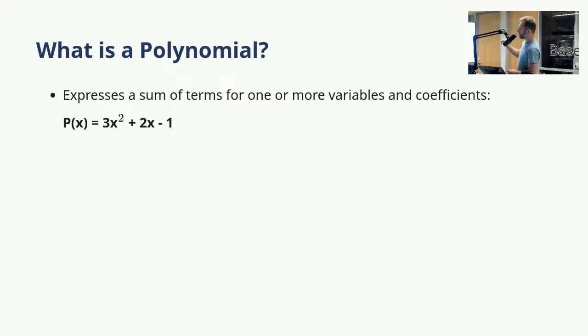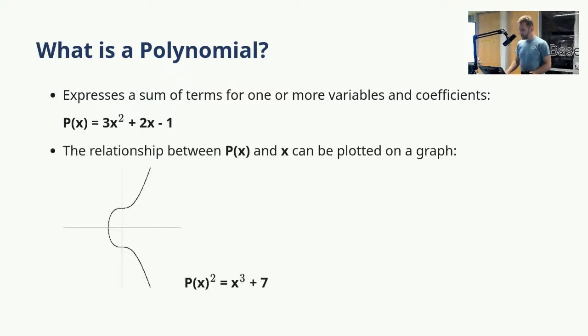We have some real numbers in there. Those numbers are called coefficients. We also have some exponents in there, which are called the order or the degree of the polynomial. And so what we're essentially doing is describing the relationship between x and the sum of this polynomial when you plug in an x value.